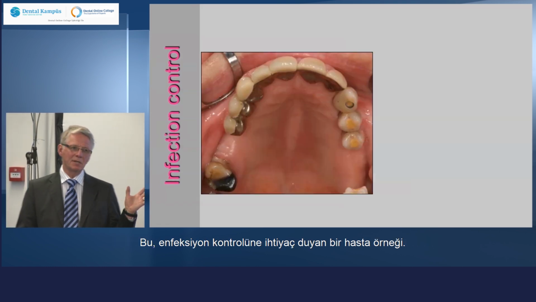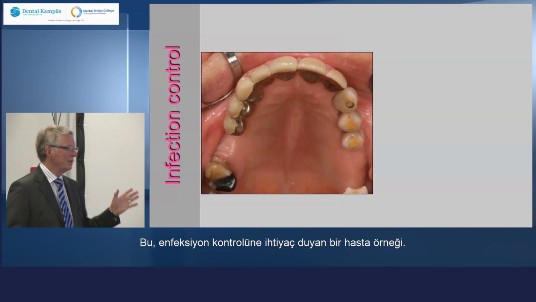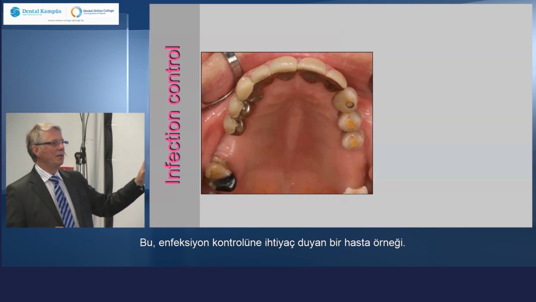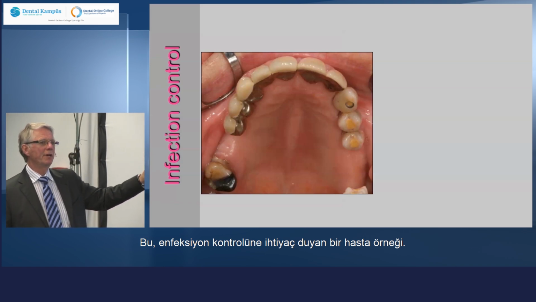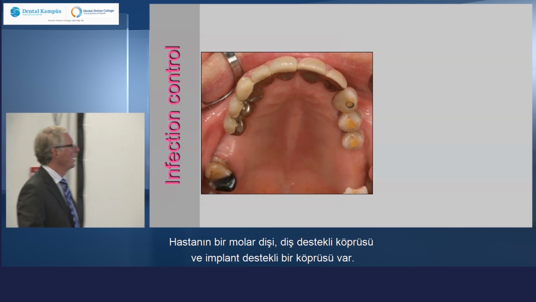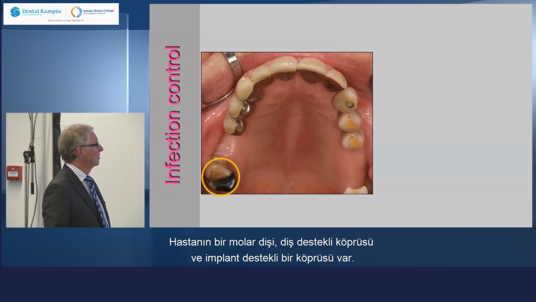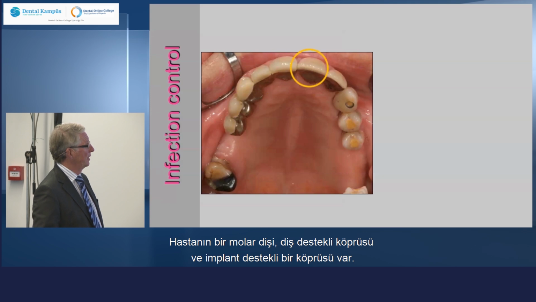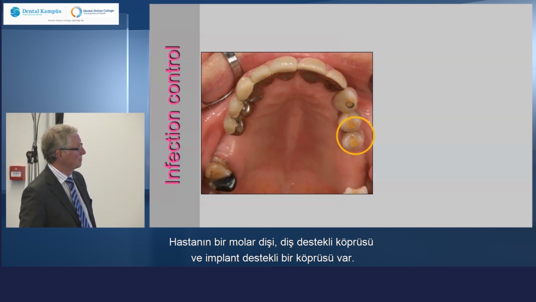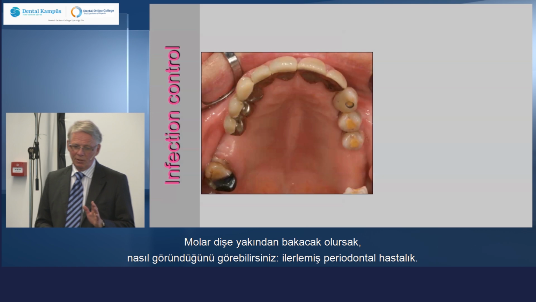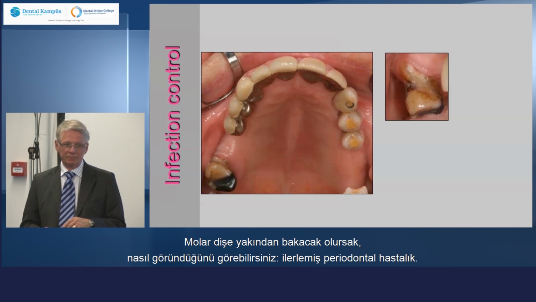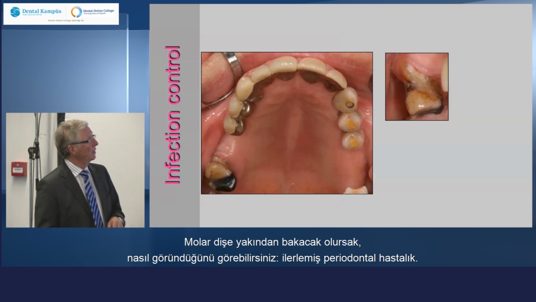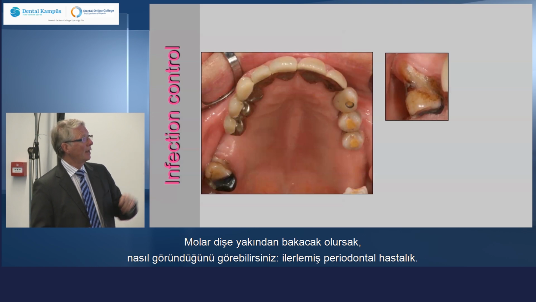This is just an example of a patient that needed so-called infection control. The patient has a molar, tooth-supported bridge, and an implant-supported bridge. If we look more closely at the molar, you can see this is the way it looks. Advanced periodontal disease.